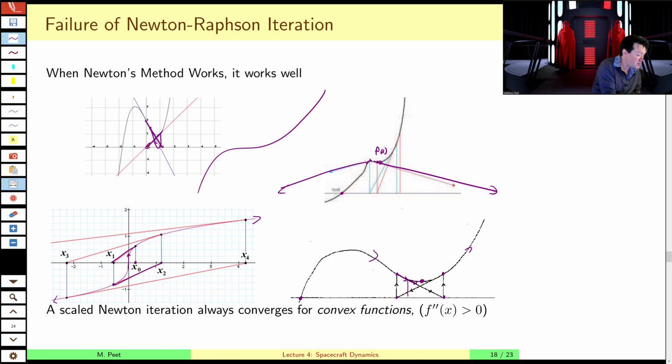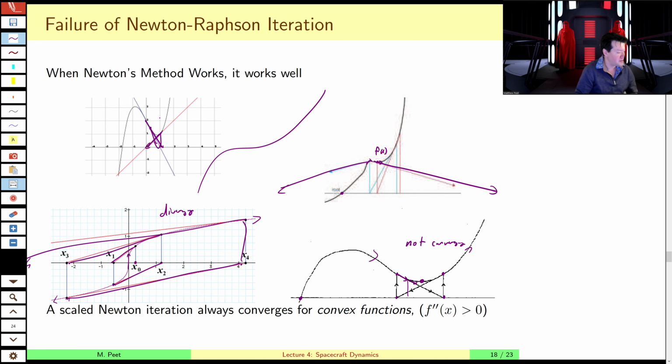As we get farther out, the slope is getting smaller, so it's sending us farther and farther out, even though the function itself is monotone. So this one's diverging. This one's not converging, but it could if you use scaled iteration. And at this point, maybe it's not converging, or it's converging to the wrong value or something like that. So there are issues here.